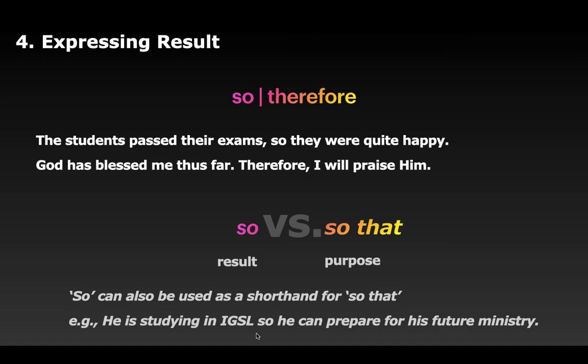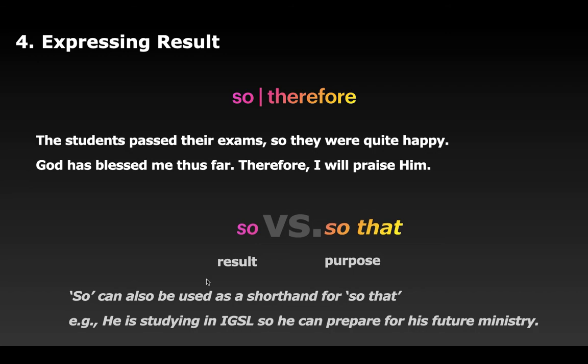So that would be used by students to talk about result, right? So I want to save you from that kind of confusion. So when you use so, use it for result, and when you use so that, use it for purpose. Just to make that distinction, even though it is possible to use so in place of so that, I would want you to avoid that for now. Okay? All right, there you go.